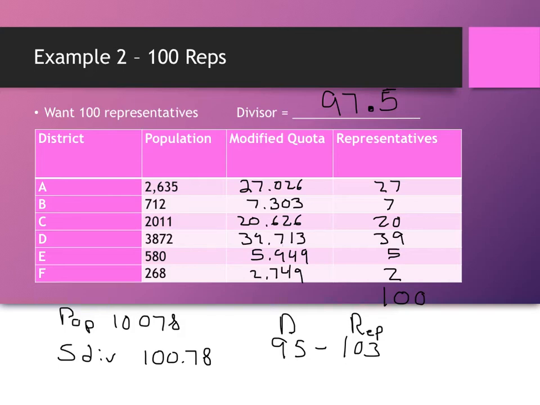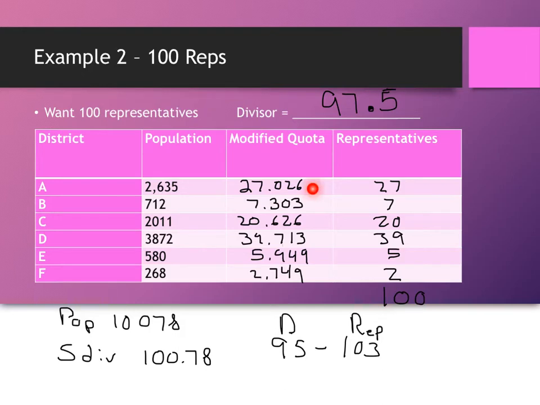By the way, there may be other numbers that would also work. So for instance, 97.8 might have worked. 97 may have worked. Maybe 96 worked. I'm not saying that those numbers do. I'm just saying that there are other numbers that would work. And it turns out that whatever number worked, it would be right around 97.